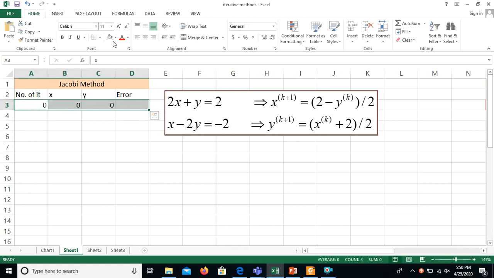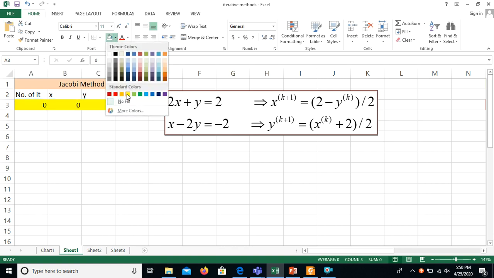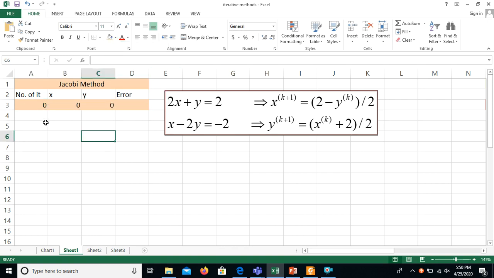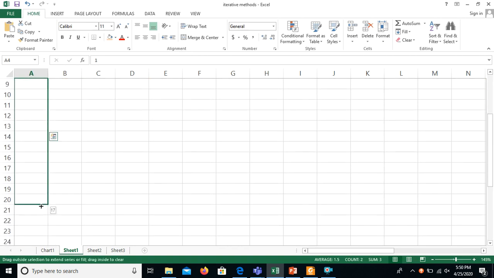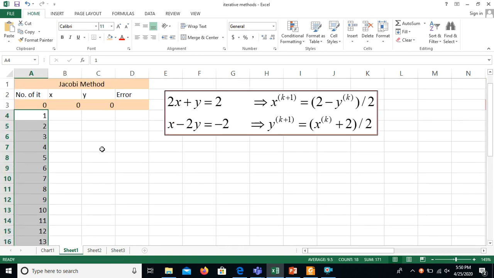So the starting point, I just highlight it. Okay, now the iterations would go 1, 2, and these are the number of iterations.